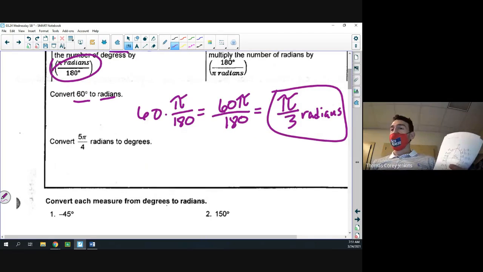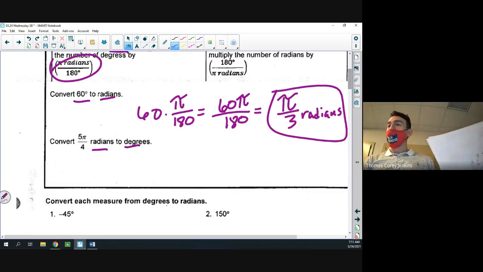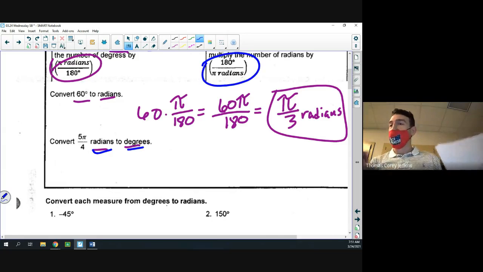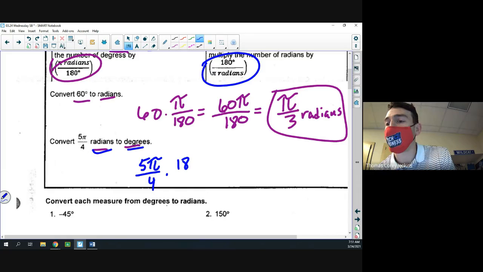All right, and then to go the other way, basically you just do the reciprocal of that fraction. So if we want to go from radians back to degrees, our conversion factor is that fraction flipped, the inverse of that. So if we take 5 pi over 4 radians times 180 over pi, the pi's just cancel each other out.